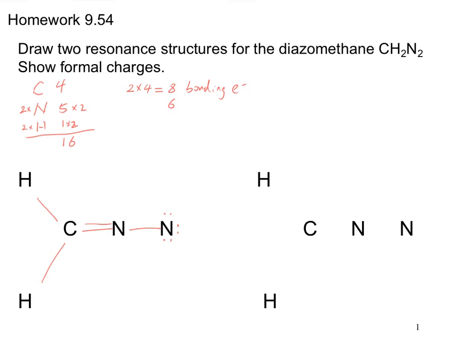Let's delete a lone pair from the terminal nitrogen. So first we delete everything here, put 6 here, and put 2 lone pairs here. What happens is that a lone pair originally from this position is now being shared between the 2 nitrogens. Now let's see what we have.